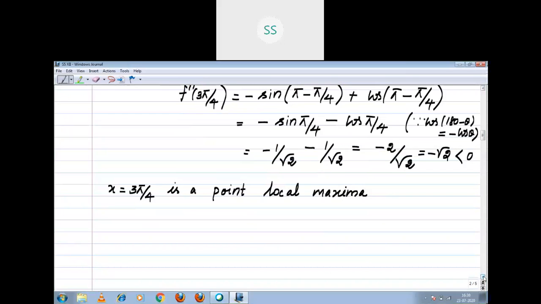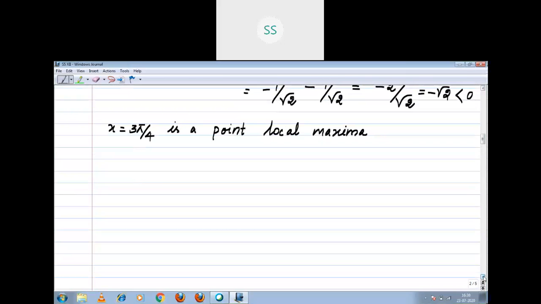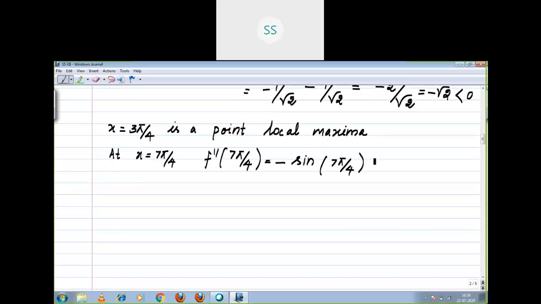Now I am going to apply 7 pi by 4. At x is equal to 7 pi by 4, f double dash of 7 pi by 4 equal to minus sine 7 pi by 4 plus cos 7 pi by 4, right? 7 pi by 4 means how much? 7 into 45 degree.